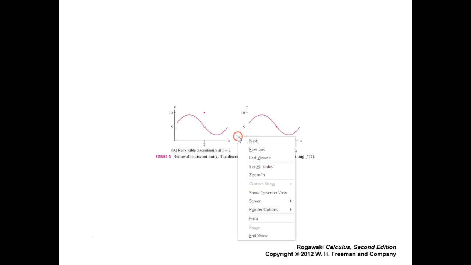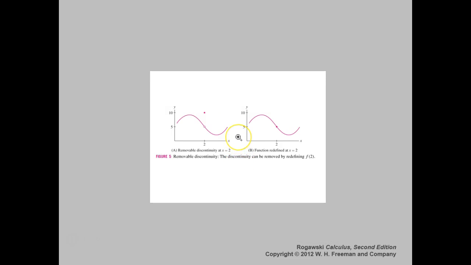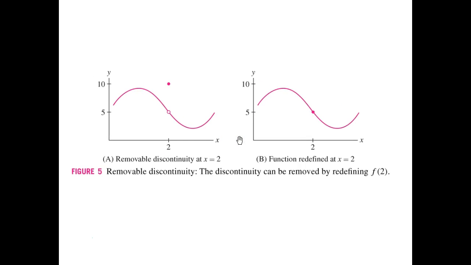Now, weird ones. This function is this wire here, except that right there, its value is up there, 10. The limit as x approaches 2 from the left and from the right is 5.